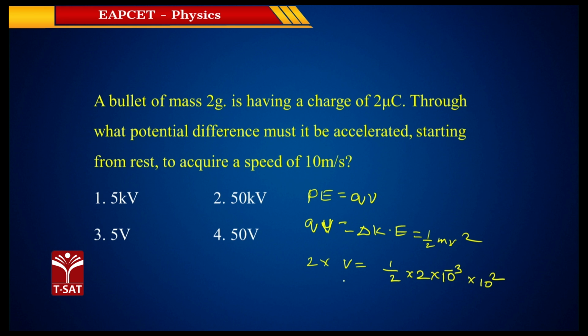This 2 gets cancelled, therefore that is 1 by 2 into 10 to the power 2 minus 3 minus 1. With simplification, 1 by 2 means 0.5 into 10 to the power minus 1.